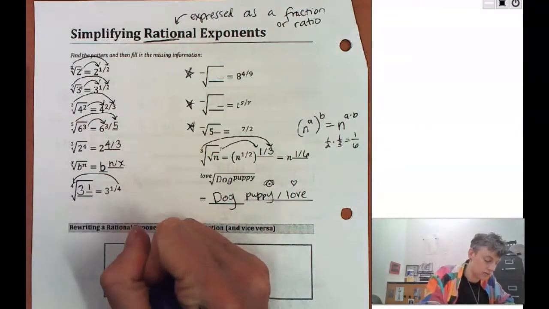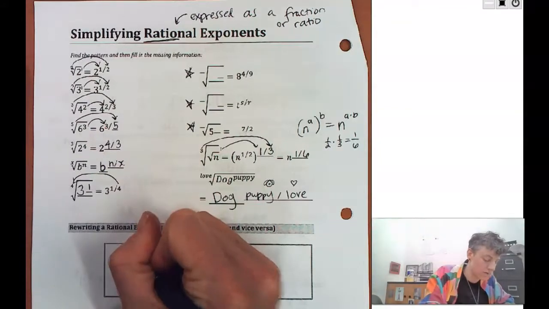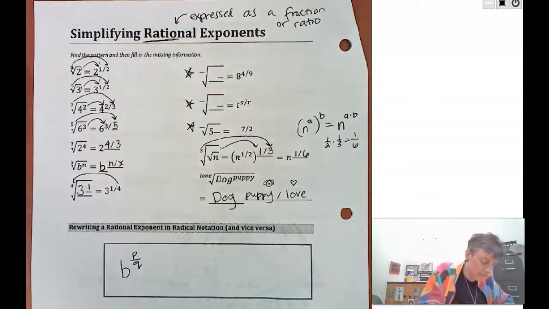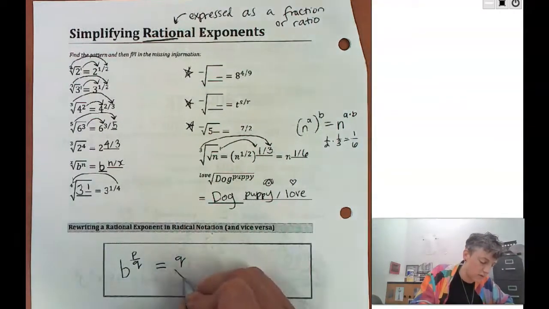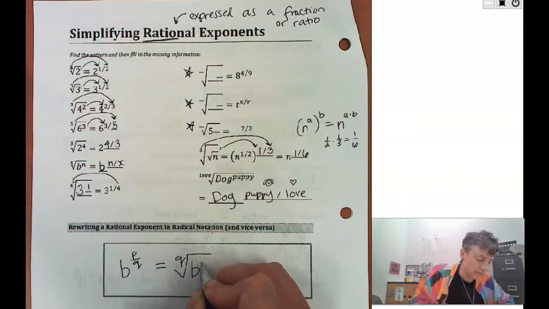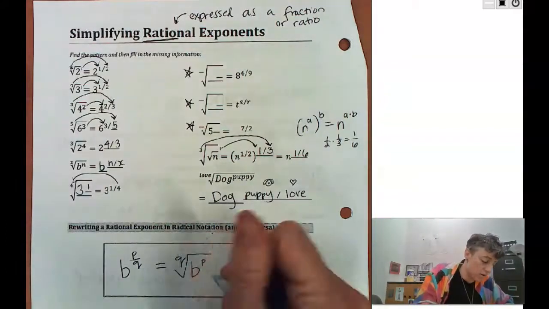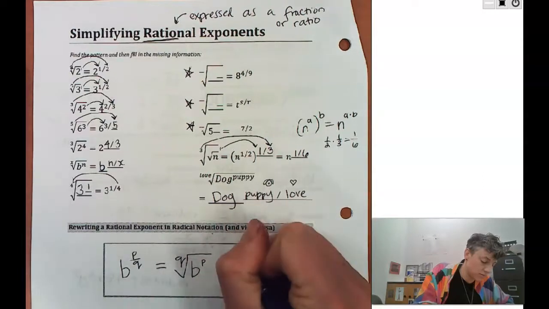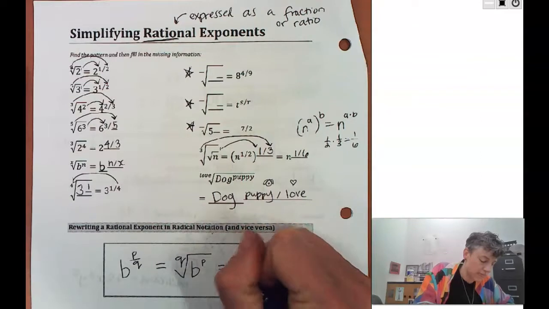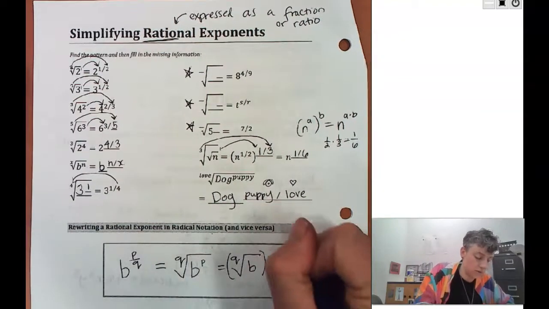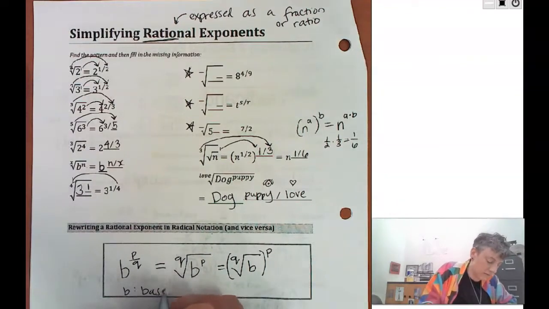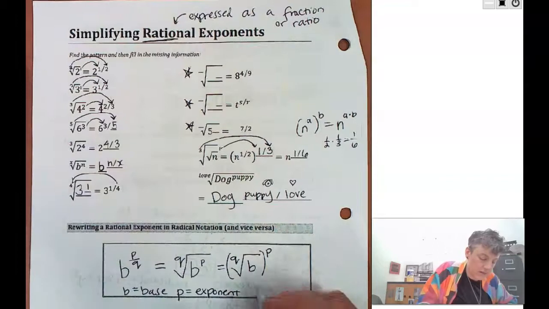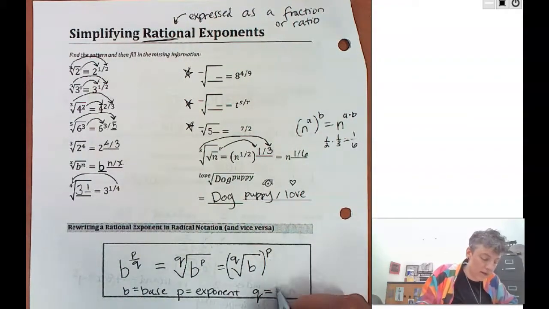B to the P over Q is equal to the qth root of B to the P, which is also equal to the qth root of B, all of that to the P, where B is our base and P is our exponent and Q is our index.